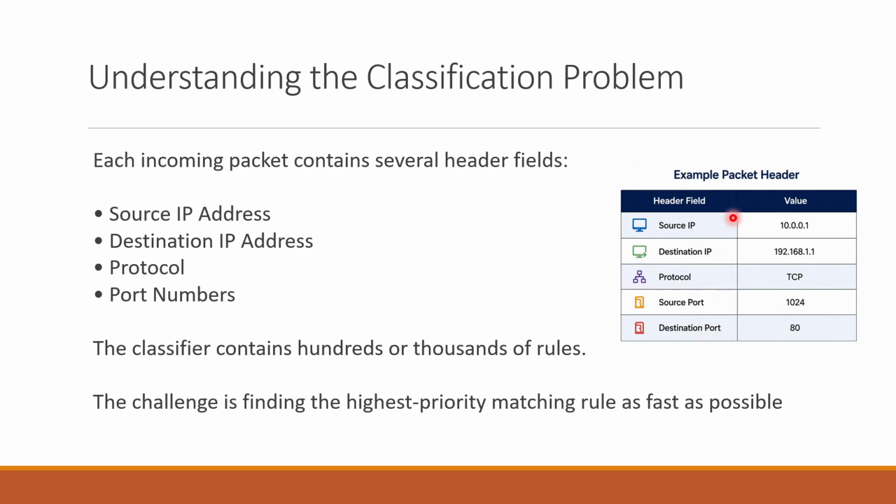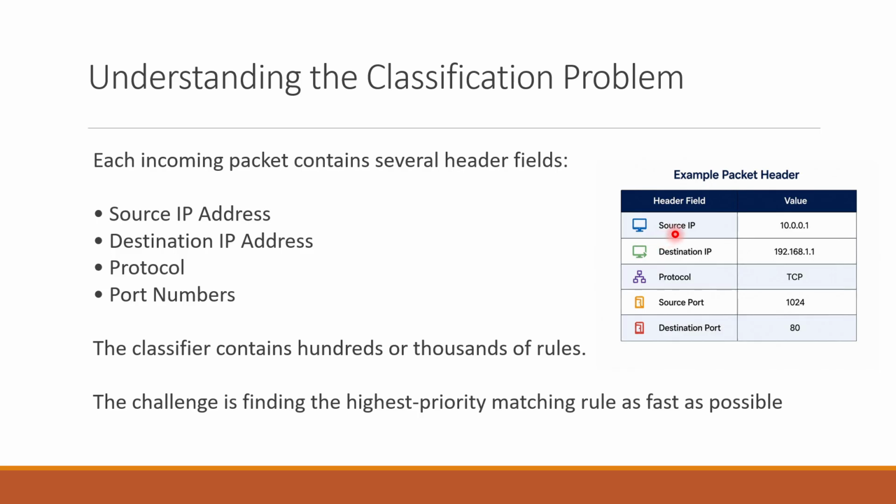As we see mentioned in this table, we have header fields and values. For example, we received a packet and we need to classify it. What do we have to check?